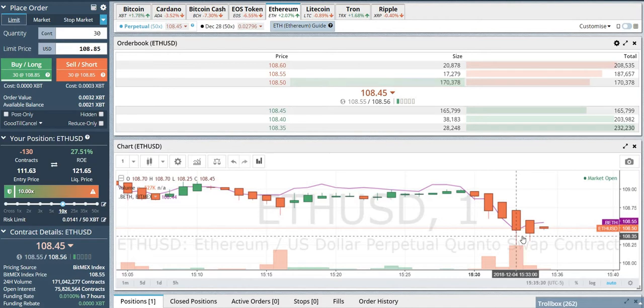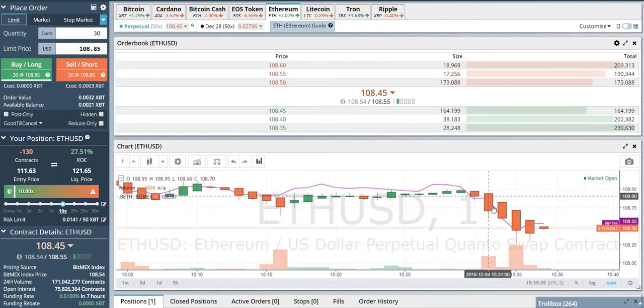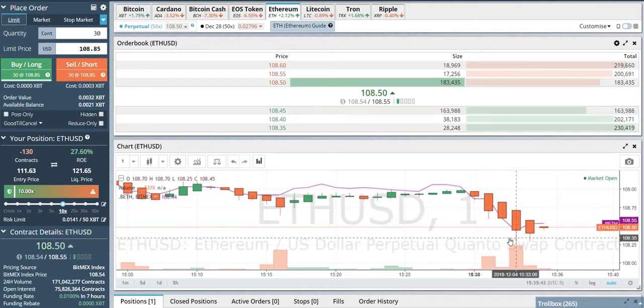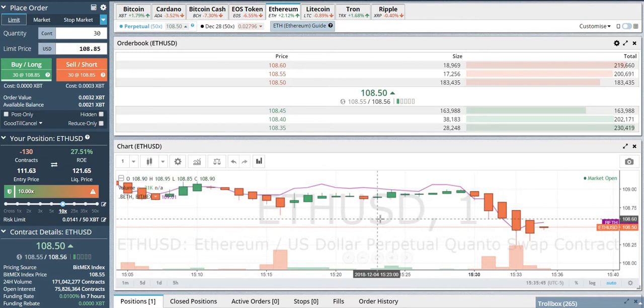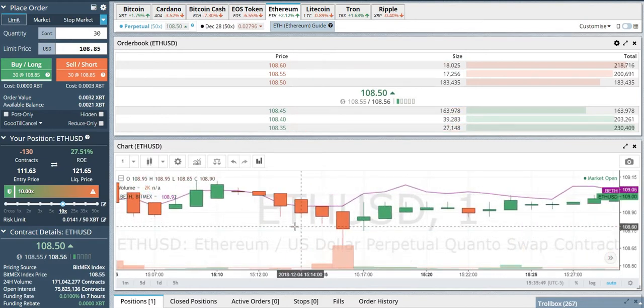So I only trade, because I'm not your financial advisor, I only trade when the pinpricks are going my way. And they have to be in succession, the actual candles, and then the wicks have to be in succession too, for it to actually be a trend. And even then, you're in and out of these trades. You aren't going to be in this for a few hours. These are quick in and out trades.